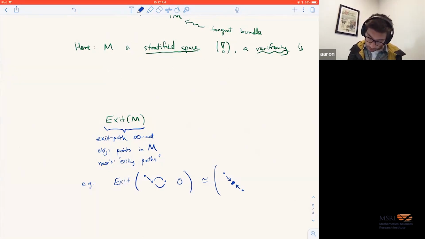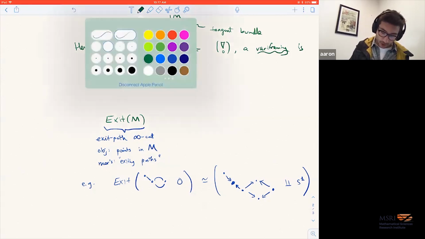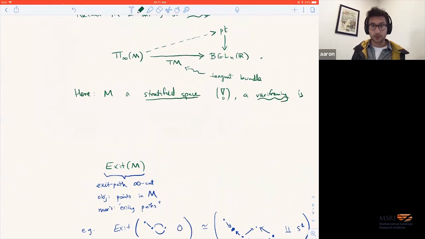So let me just complete this picture. So this is an infinity category. It's the disjoint union of that poset and that groupoid, S^1. So that is our replacement for the fundamental infinity groupoid.